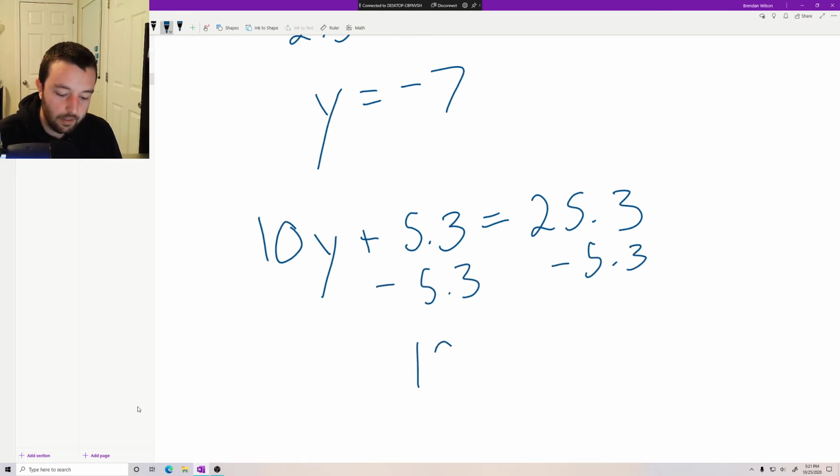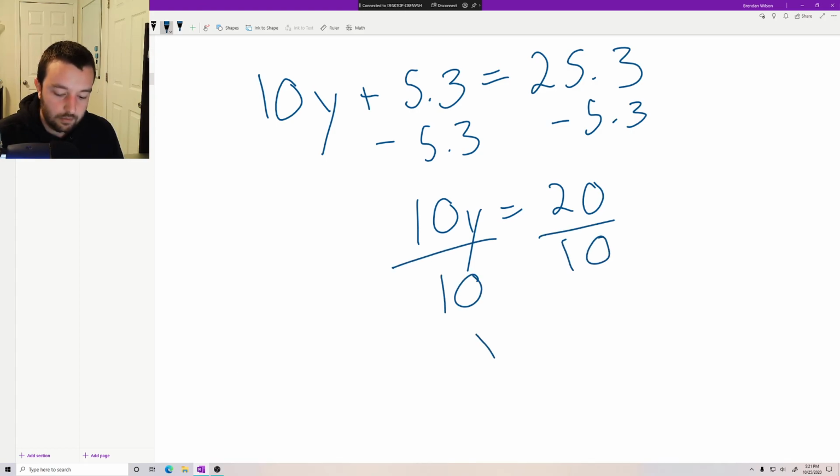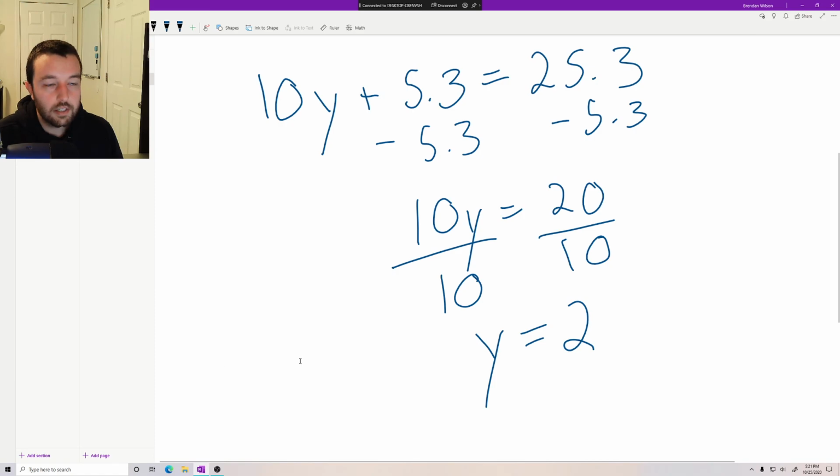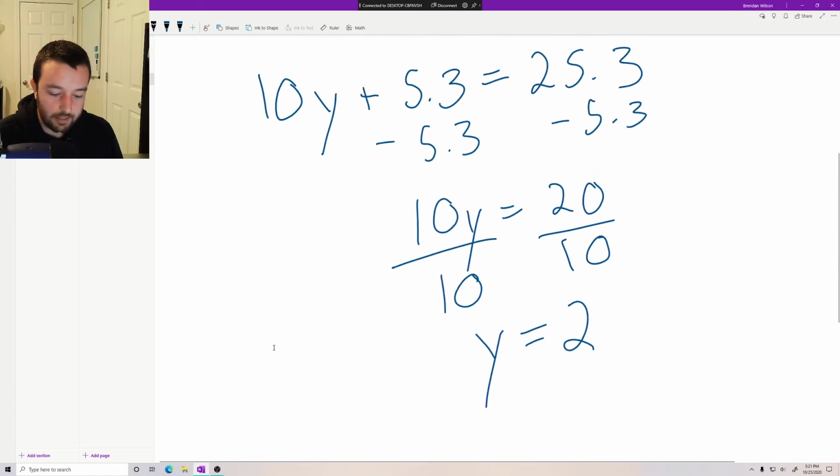So we get 10y equals 25.3 minus 5.3, which is going to be 20, right? Because we're just taking the 5.3 part off. And now we're dividing by 10 on both sides because we want to get rid of the 10. So we get y equals 2. So this is all the equation stuff we've been doing this whole time, just in a different context now.